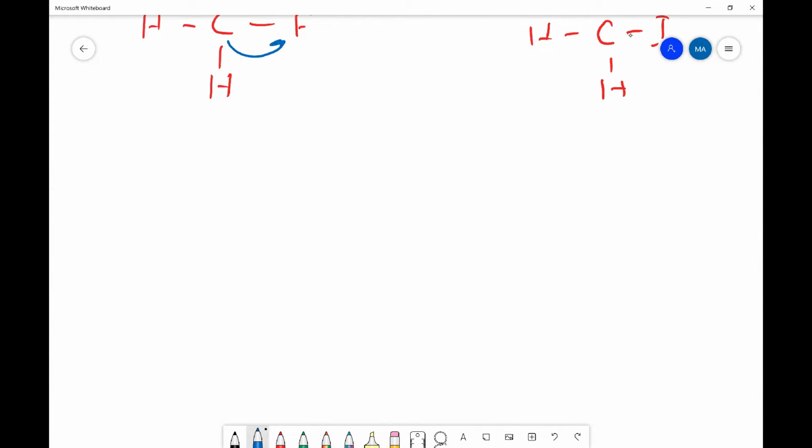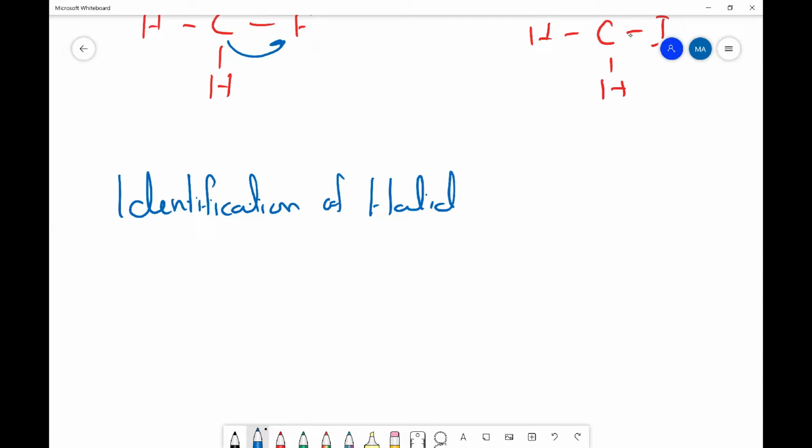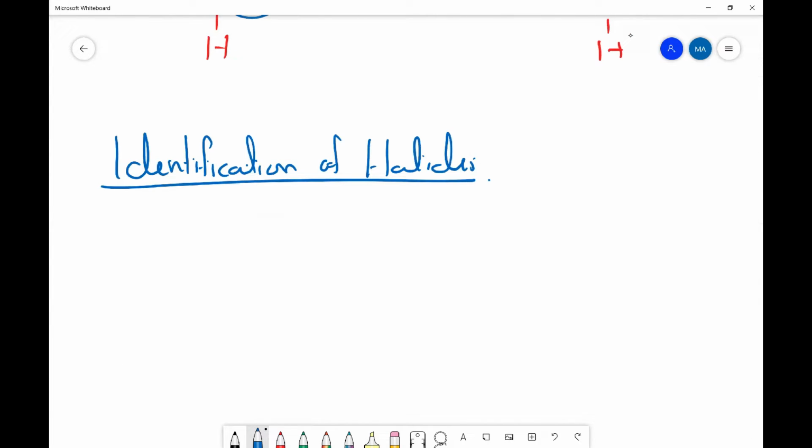Identification of halides now. Halides are these ions, the halogen ions. Chlorine is a halogen. Cl negative is a halide.